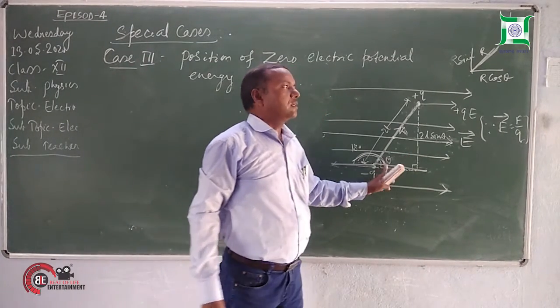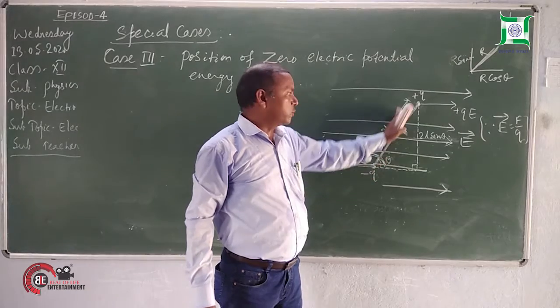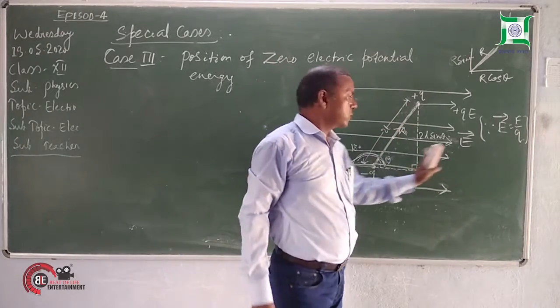If this theta, it means the angle between the dipole moment and the direction of electric field, is 90 degree.